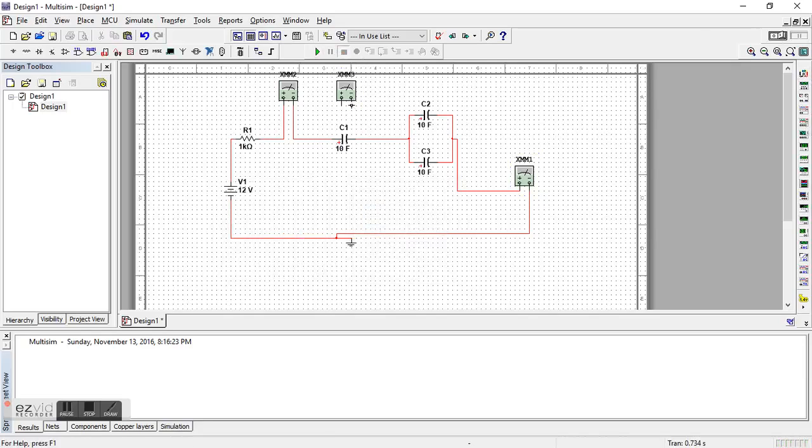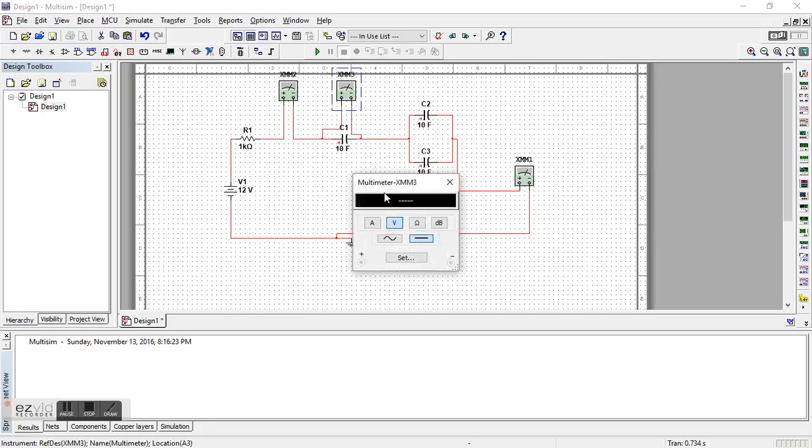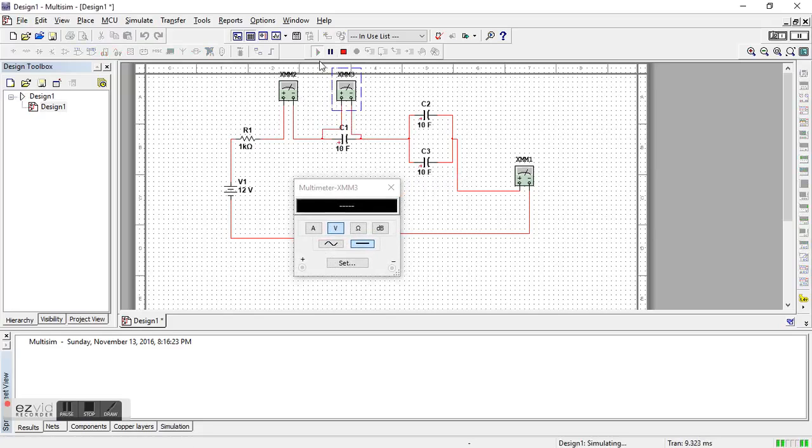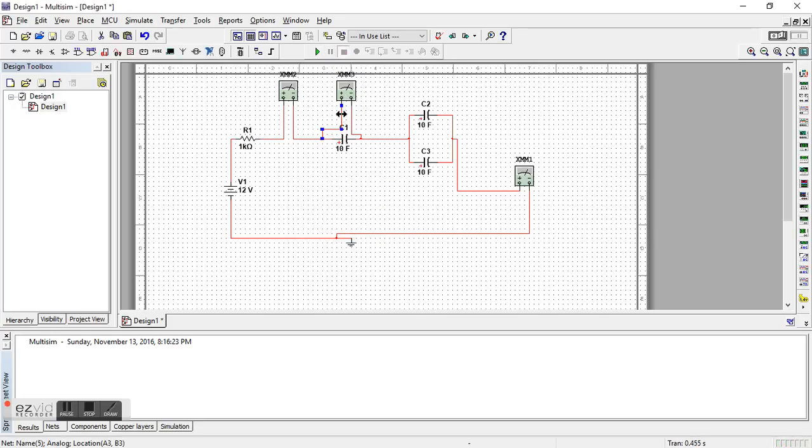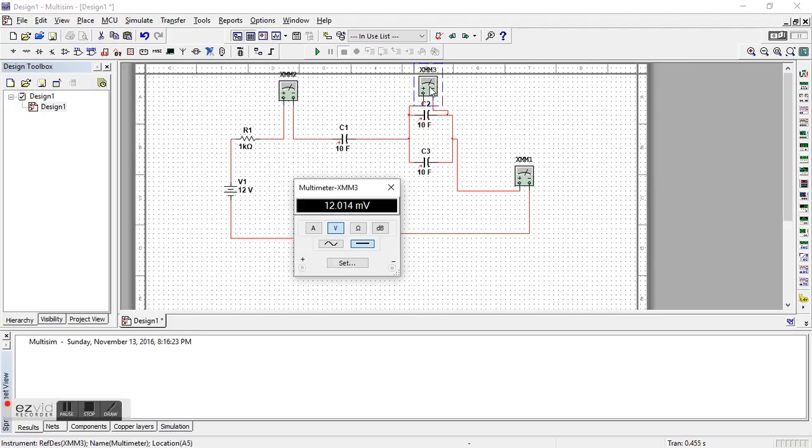Then we'll measure each of their voltages. Connect the voltmeter in parallel with each of the capacitors. Then we'll connect it to the second capacitor and run the circuit.